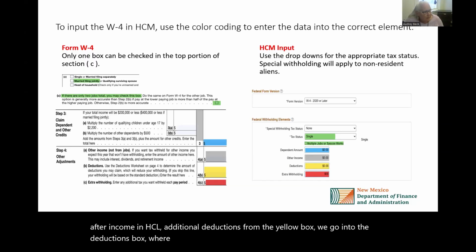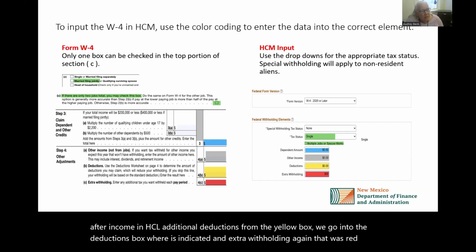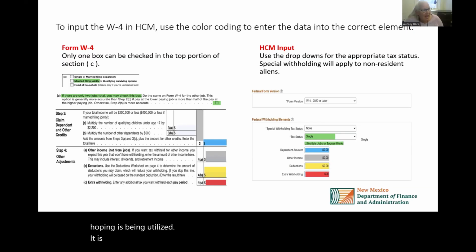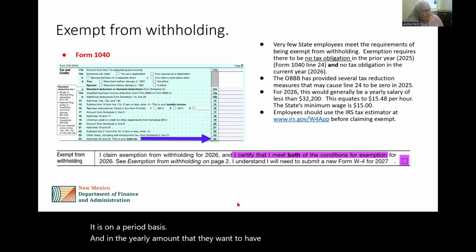And extra withholding, again, that one's red because we really need to pay attention to make certain that if extra withholding is being utilized, it is on a pay period basis and not the yearly amount that they want to have withheld. Next slide, please.